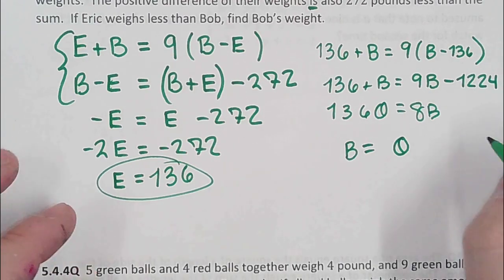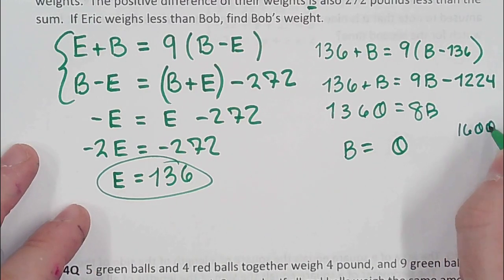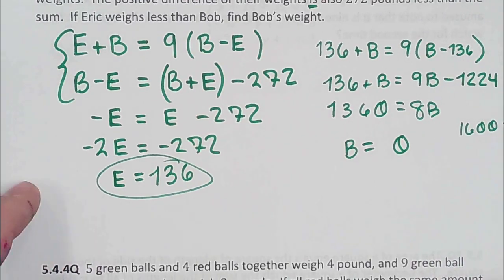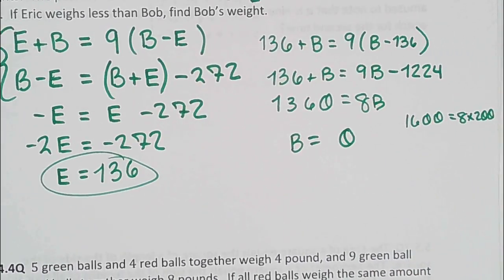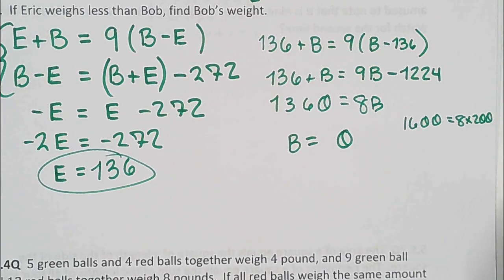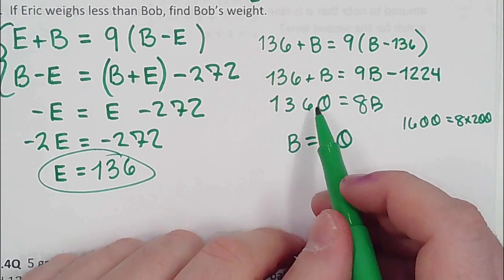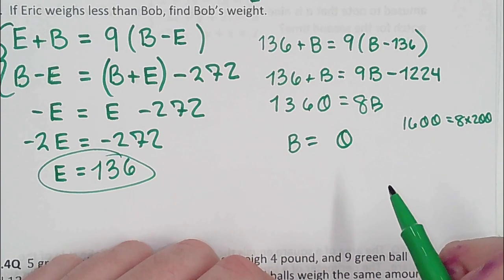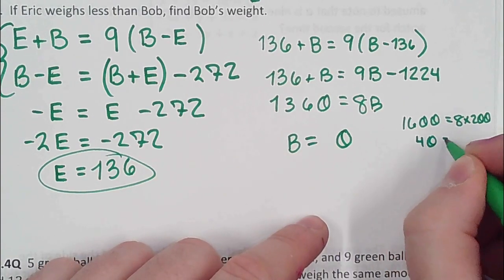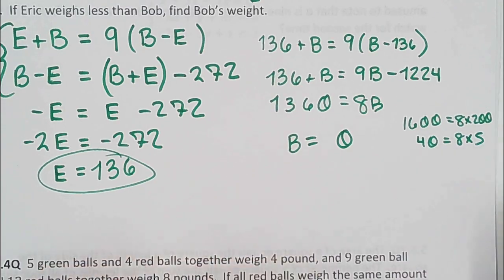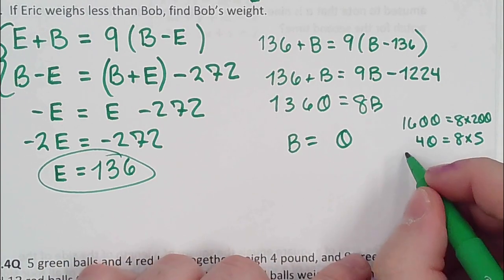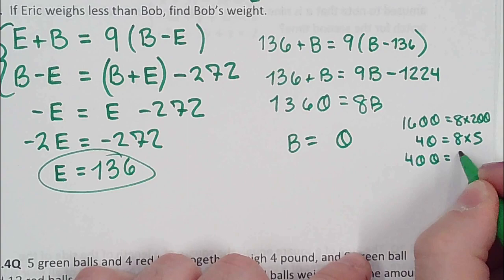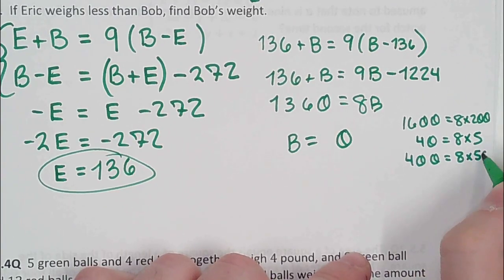Let's think this way. That's 8 times 20, or 200, yeah? So this is 40 away from 1400. 40 is 8 times 5, and 400 is 8 times 50.